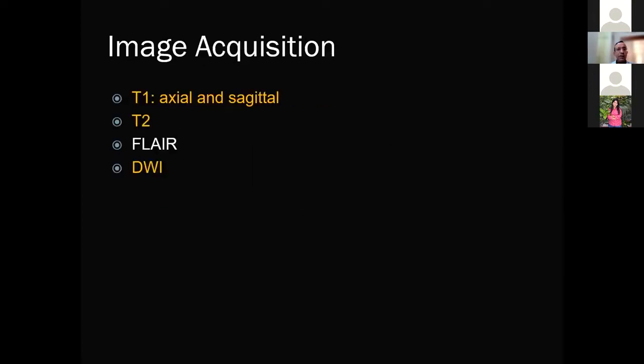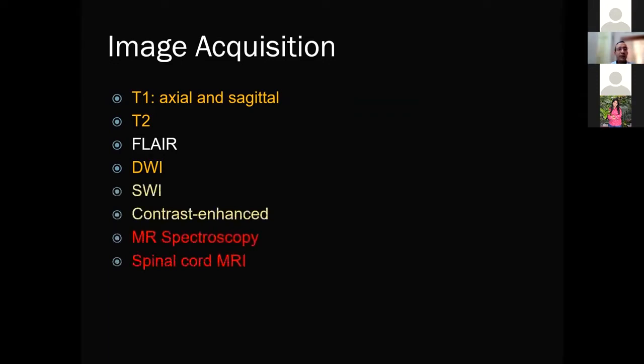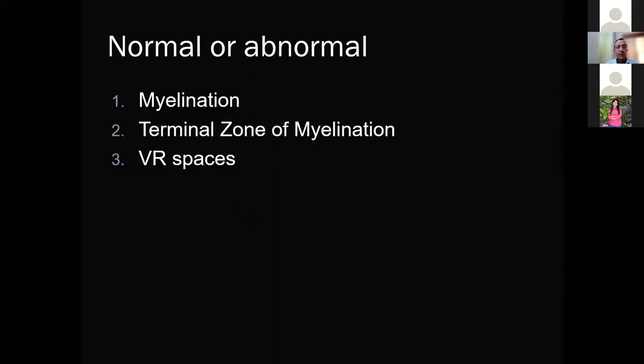In MRI, the main sequences are T1, T2, FLAIR and diffusion weighted, additional susceptibility weighted imaging, contrast enhanced imaging, MR spectroscopy, and if required, spinal cord MRI may be helpful in characterizing further pathologies, which I will be discussing subsequently, and DTI, which helps in delineating the microstructural changes of the various white matter disorders.